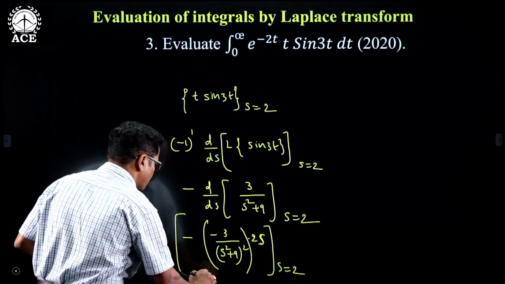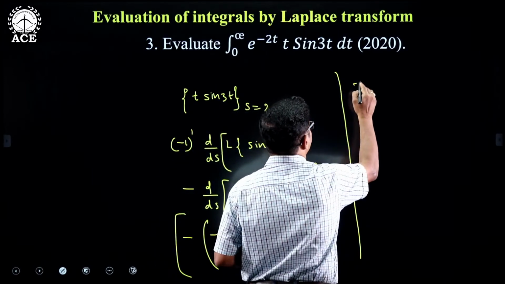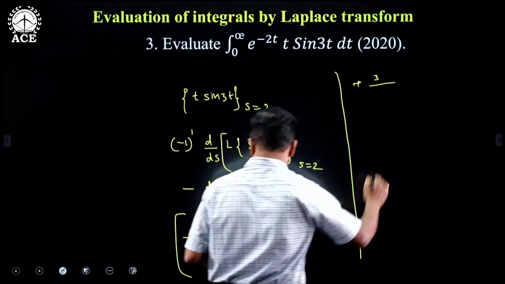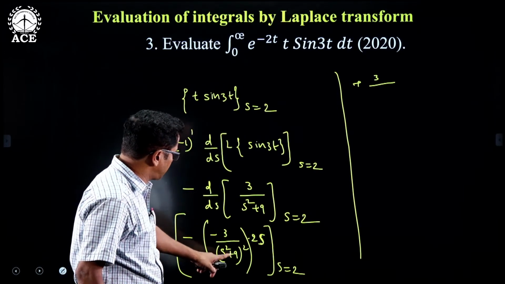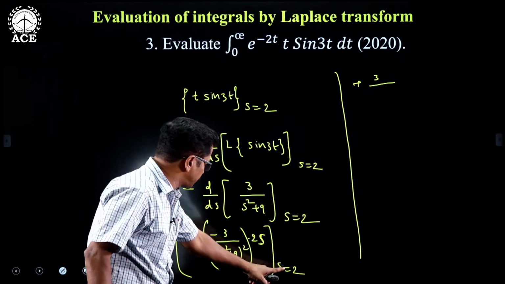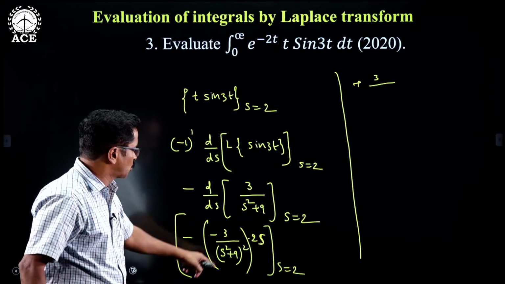Okay. Then minus into minus is plus 3 by s square plus 9 whole square and 2s. Substitute s by 2. So 2 2 is 4, 4 3 is 12.